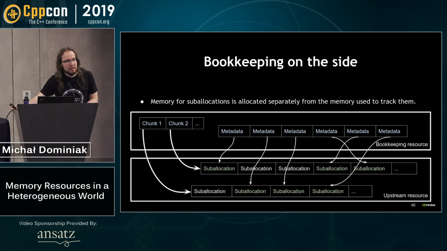So our bookkeeper resource is just going to be a plain old new/delete resource. We are just going to allocate host memory for this because we don't care about anything else. But the upstream resource is going to be a CUDA Malloc resource or CUDA Malloc managed resource. And we no longer clash and no longer fight for the same pages of virtual memory.